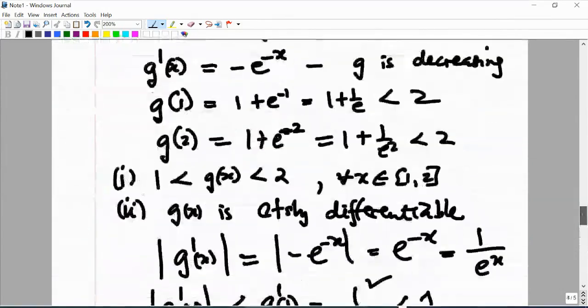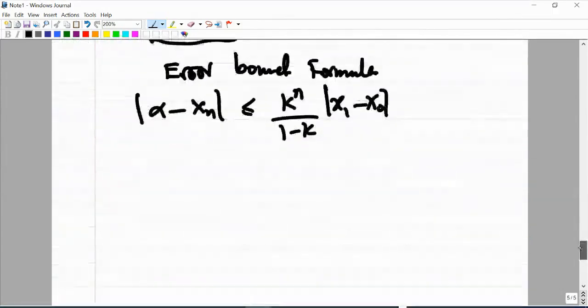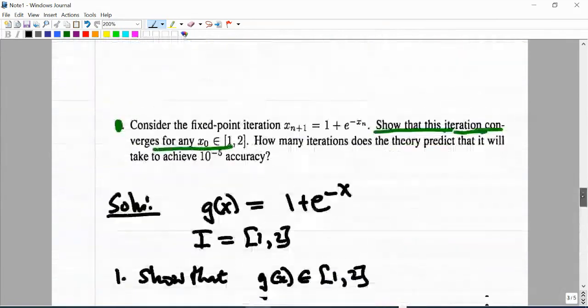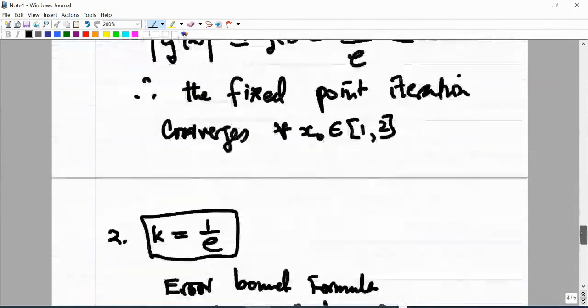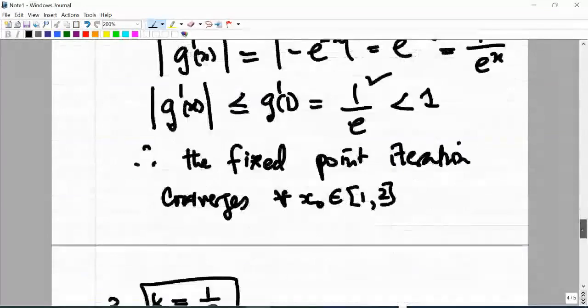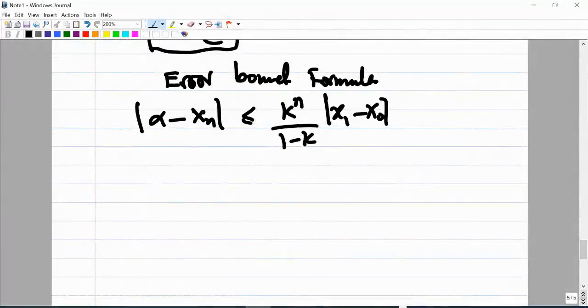So now here you need x0 and x1, and it's not specified here, but we know that it converges for any choice that you can make inside there. So all you need to do now is to say, okay, let me choose x naught to be equal to 1.